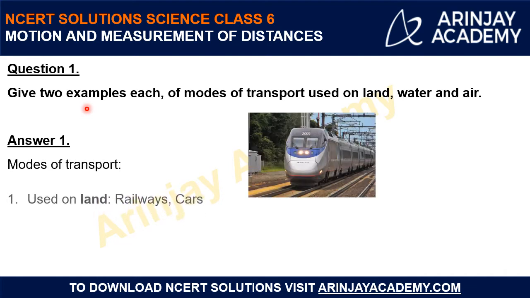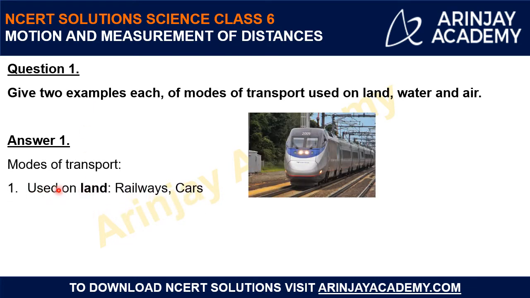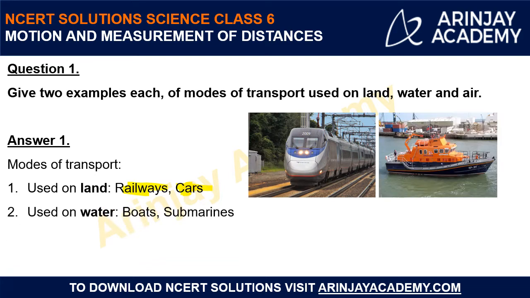So modes of transport, the first one that is used on land. So the modes we use on land for transport, here what we can write is railways, alright, and we can write cars. You may have other answers like rickshaws, trucks, buses, and can be any other as well. The second is used on water. So generally we see boats, ships, submarines, right?